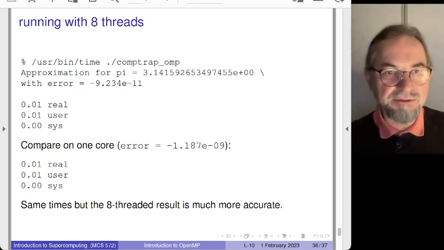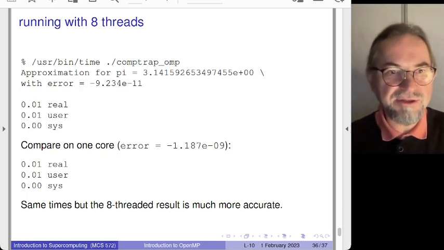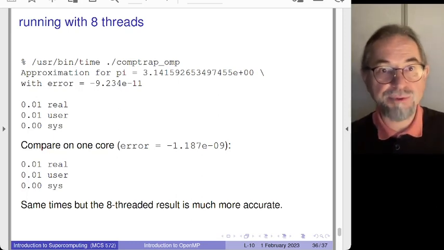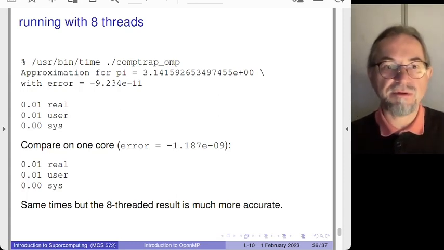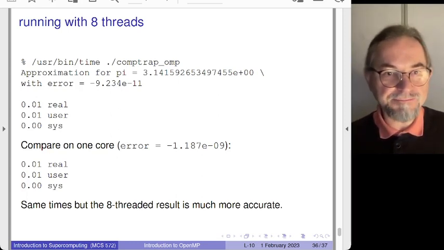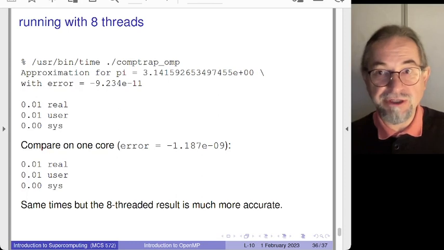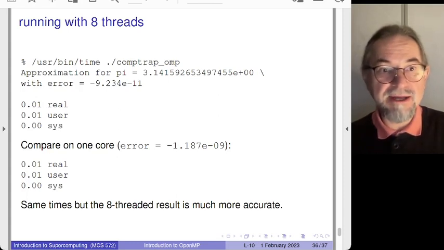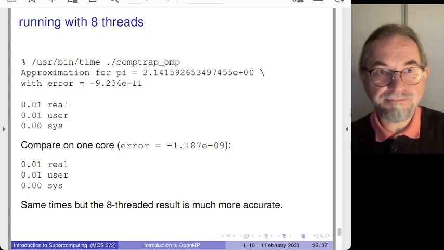But still, the point is that you actually get a much better approximation of pi. You gain almost 2 decimal places by working with 8 threads. So this is an illustration of quality up at the level of milliseconds.